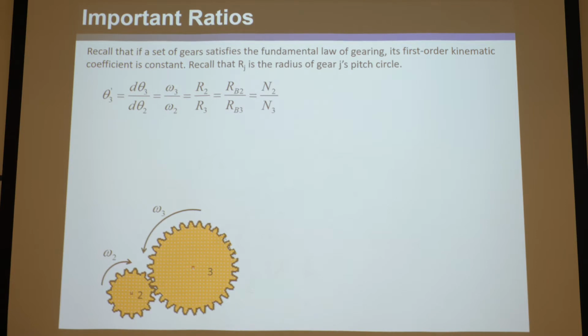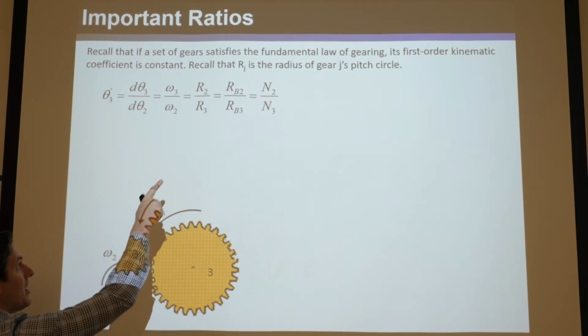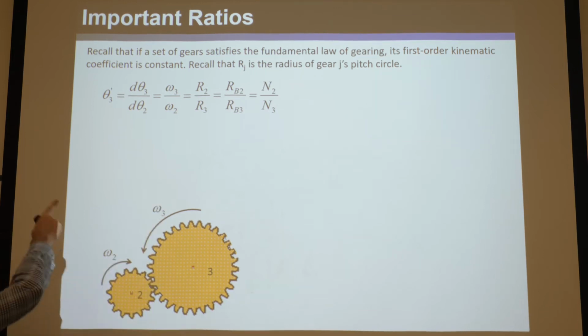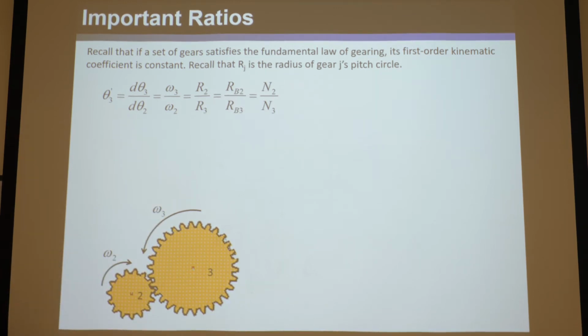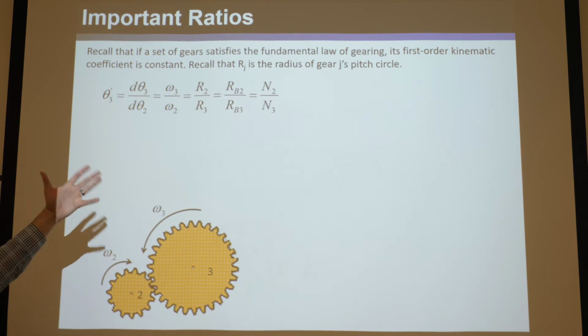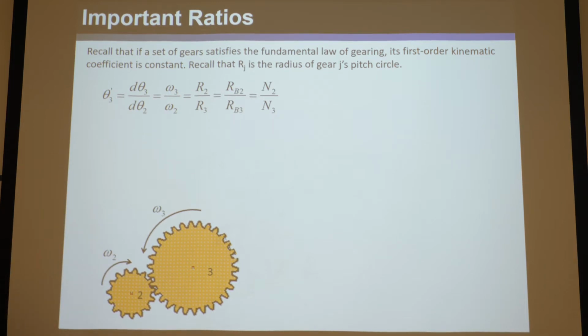And the base circle would be equally hard to find, because you'd have to back calculate the involute profiles on each of the gear's teeth, and that would be a nightmare. So it's very difficult, but it's easy to count teeth. If I just gave you a gear, you just count the teeth and boom, you do that for both gears, take the ratio, and you have that angular velocity. So of all these relationships we've found so far, counting the teeth makes the most sense. If I said find the angular velocity ratio, you'd be smartest to count the teeth.